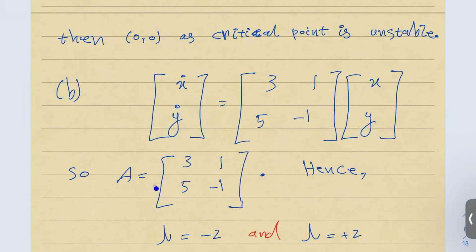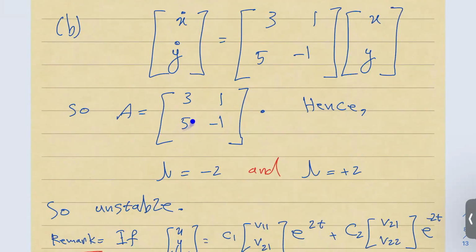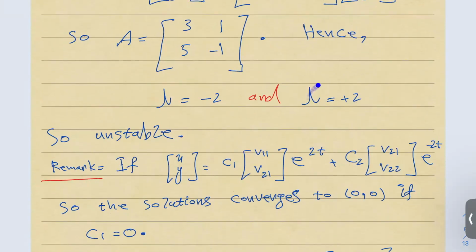X prime, y prime, the coefficient matrix is this one, part B. I'm sure that you don't need to see this. One of them is positive, so unstable. So x, y, you see again, this guy. But let's assume that the coefficient of e to the 2t, C1, equals 0.